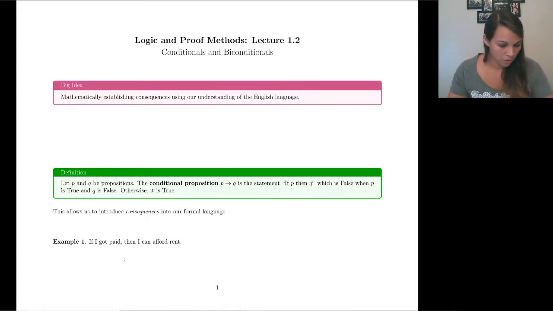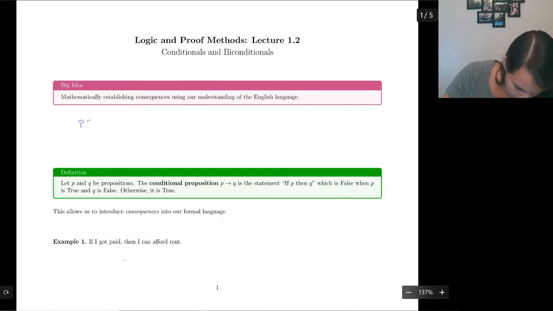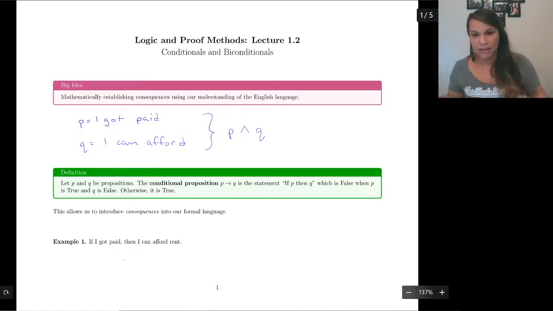So right now, all we've done is we have connectives that are just kind of static. They don't really imply anything about each other. For instance, if I have the proposition, I got paid, and I have the proposition, I can afford rent, and I put them together with an and, that would say I got paid and I can afford rent.